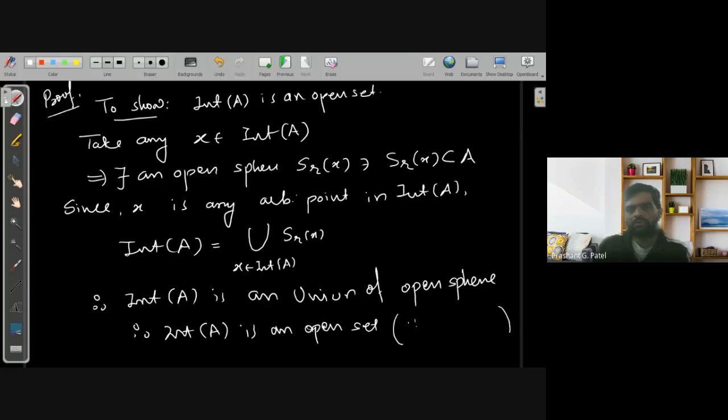Because of the previous results which we have discussed, in fact I can say that B is open if and only if B is a union of open spheres. That also I can use here, which we have proved before: any open set is a union of open spheres. So the interior of A is always an open set.